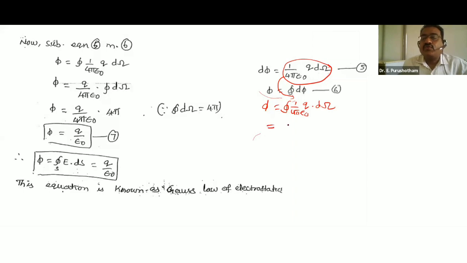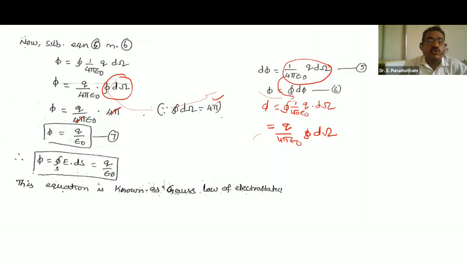So this is equal to Q by 4π ε₀, constant, and the remaining surface integral of dΩ. What is the surface integral of dΩ? This is 4π. Remember, so 4π gets cancelled.